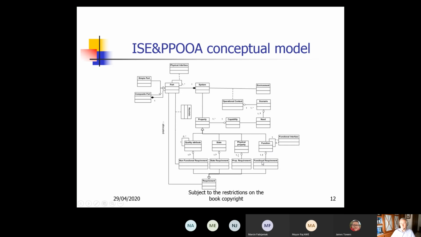Functionalities are described by functional requirements, and functional requirements are allocated to the system parts. But the difference here is that non-functional requirements are not allocated. Non-functional requirements are implemented by parts, and they are implemented by the use of heuristics.